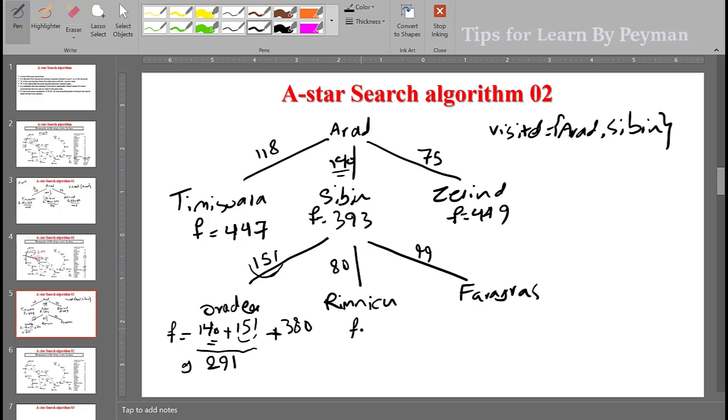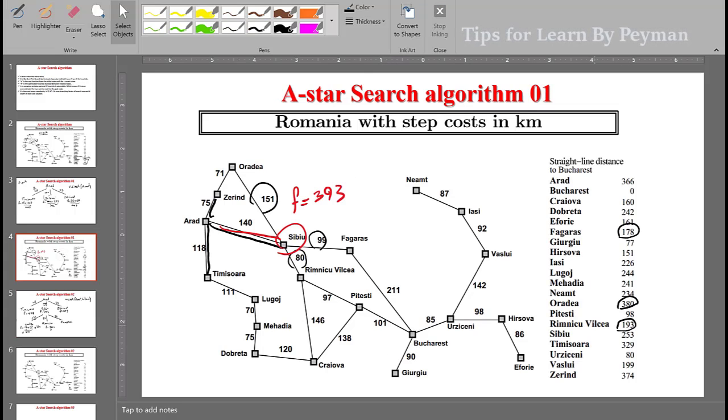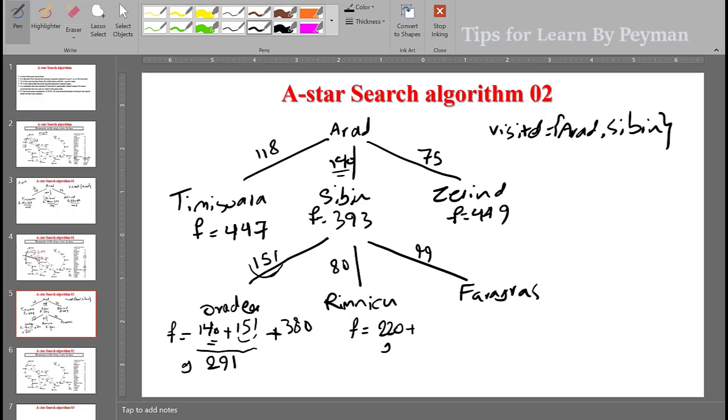So for Rimiju, I just calculate 80 plus 140, sorry, it would be 220 plus, this is for G value, and plus, I think 193 for heuristic.